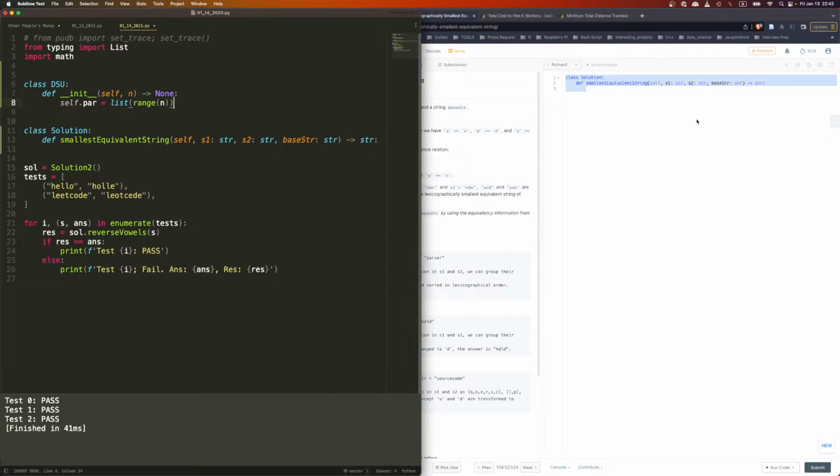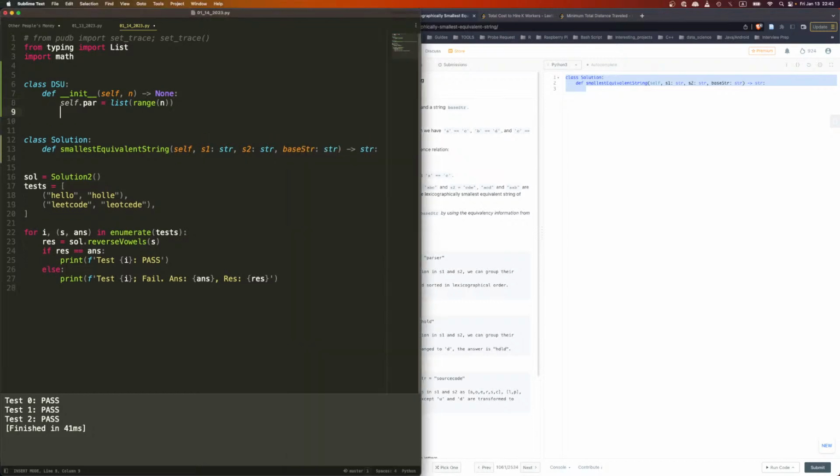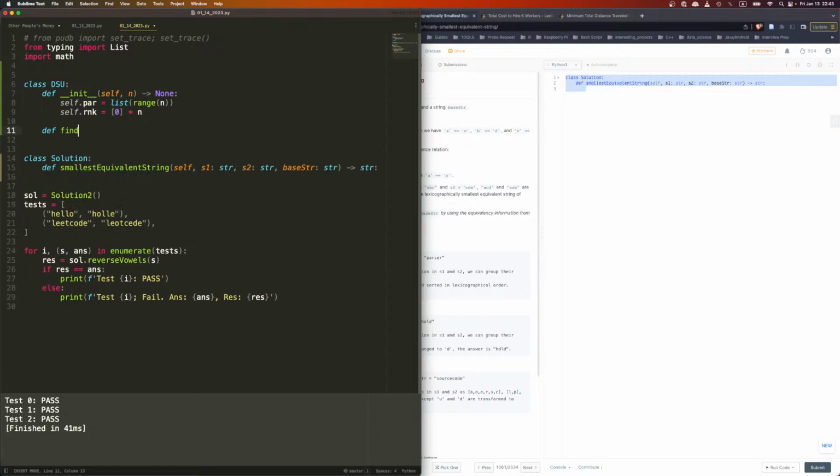That's okay. Self.rank. Whoever has the smallest shall have a higher rank. Okay, so the rank is going to be 0 times n to start with. Def find.